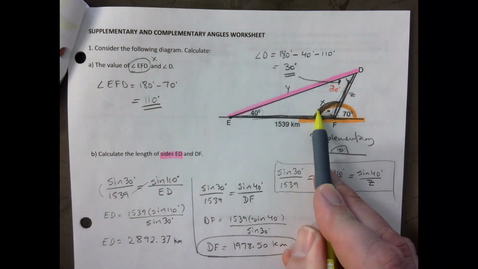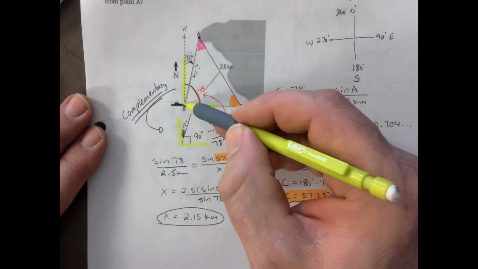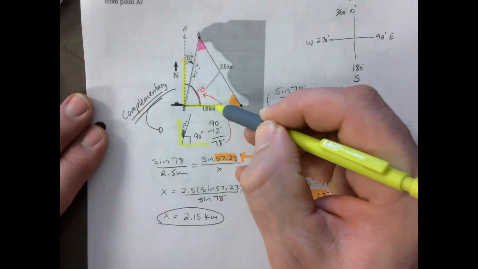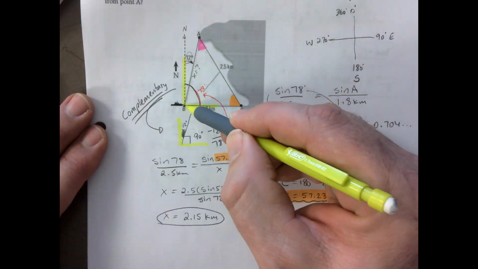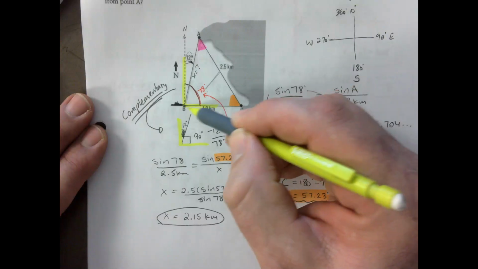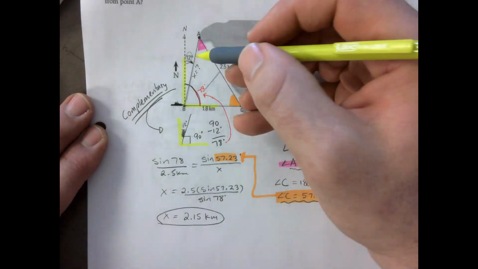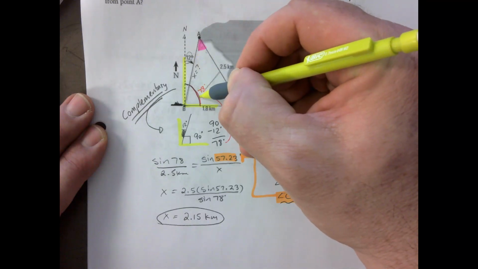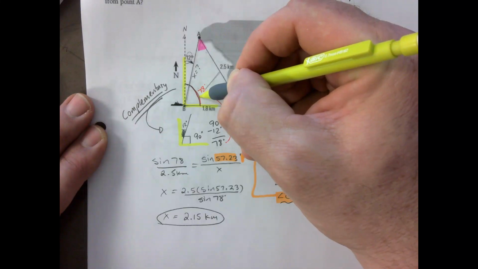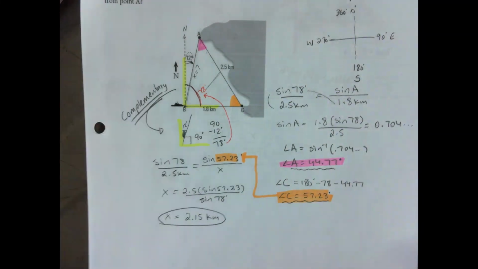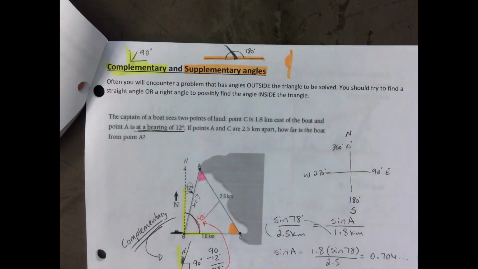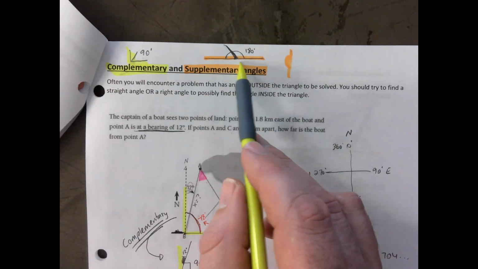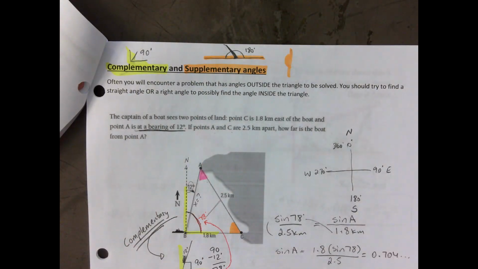This one is supplementary. If you ever have a right angle somewhere and there's a side cutting into it, this is a 90 here. So this is on page 32. You're going to subtract that from 90 to get your angle inside the triangle. Okay. So keep that in mind. On your study sheet, it would be great for you to have this, complementary, supplementary, so you remember which one is which.